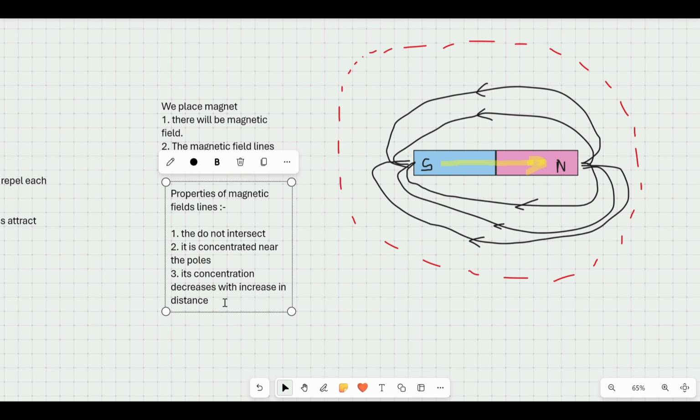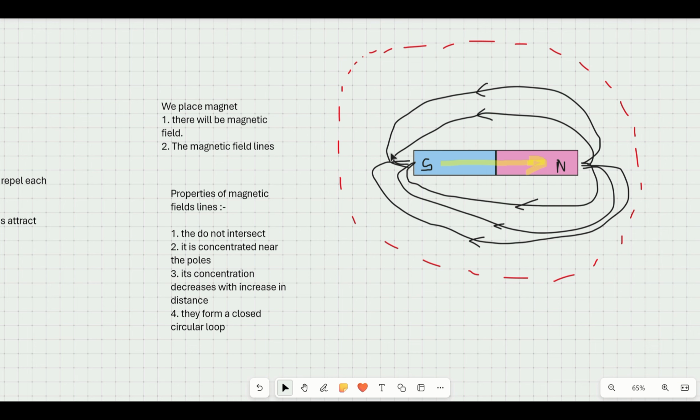They form a closed circular loop. The properties of magnetic field lines are: they never intersect, and we will come to why. Then it is concentrated near the poles.